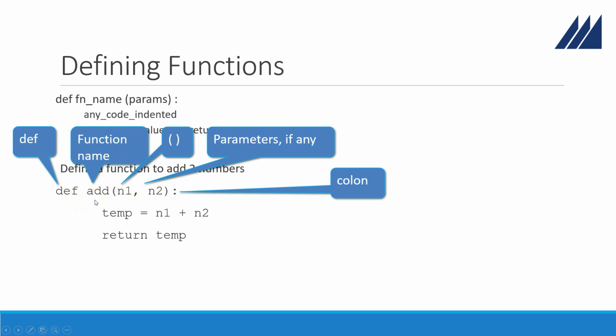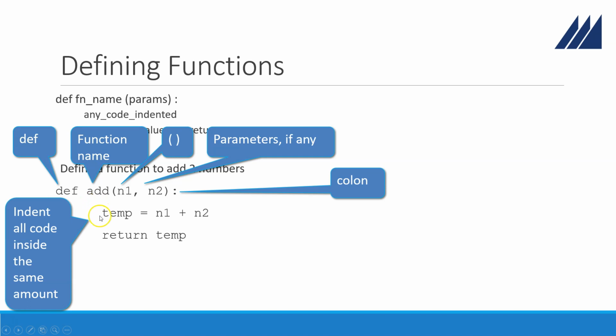After that, I go to the body of the function, which is also going to be indented. Be careful, it has to be indented. What is going to happen in this body? It's going to be exactly my code, what I want to do. In this example, I created a variable and called it temp. You can name it result, whatever you want. Then I said it's equal to n1 plus n2.